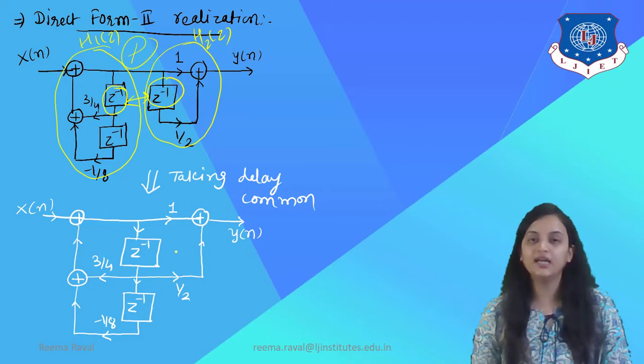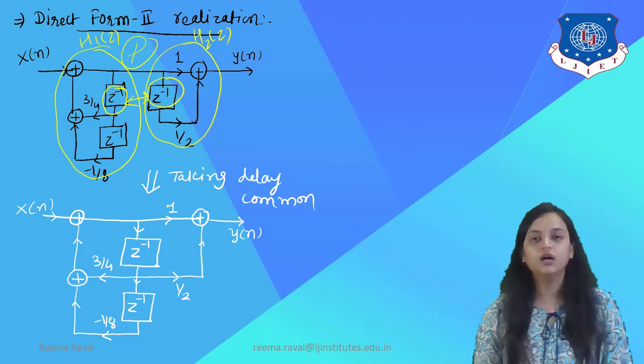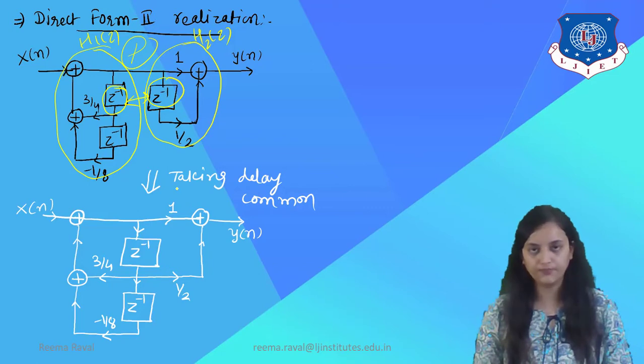But here you can take the delay elements common so that the number of delay elements required in the system can be reduced to a greater extent. As the order of the differential equation increases, the number of delay elements required is more. But using this structure, the delay elements can be reduced as compared to direct form 1 structure.